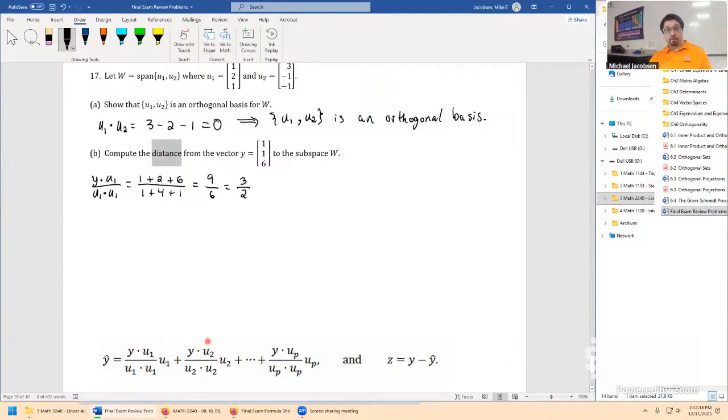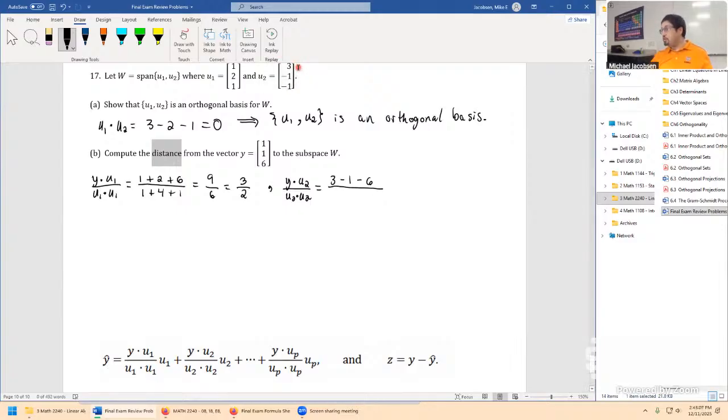Do it again for this portion to get the next coefficient. y dot u2 over u2 dot u2. Now same vector y, do the dot product with u2 way up here. And we will get 3 minus 1 minus 6.